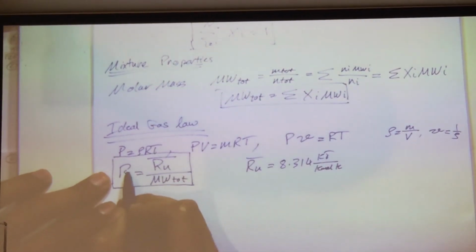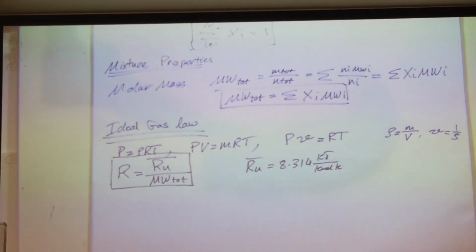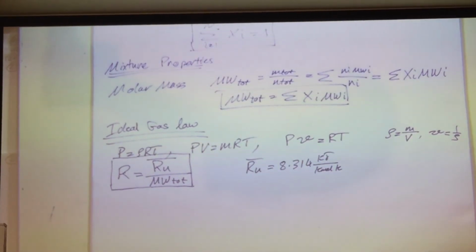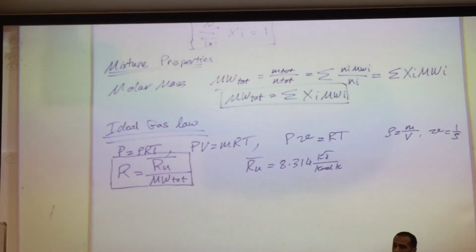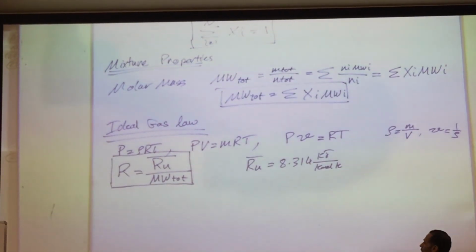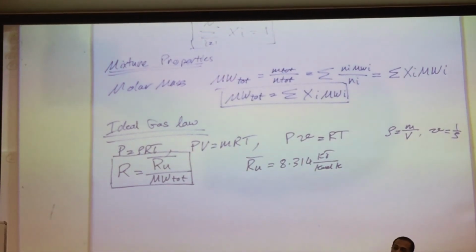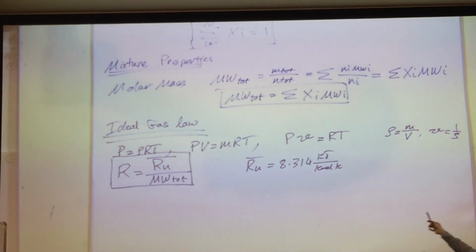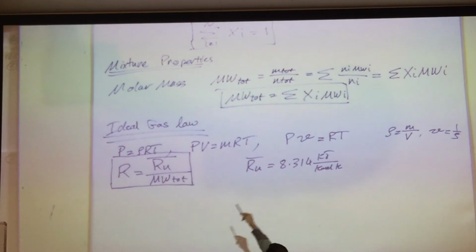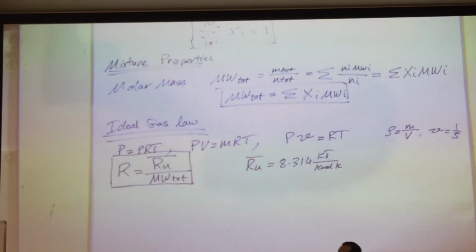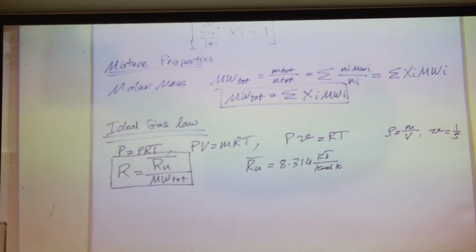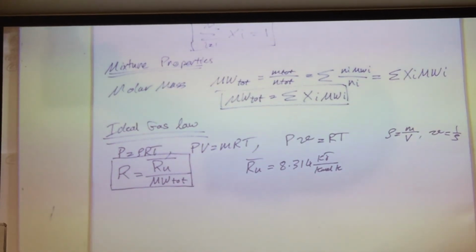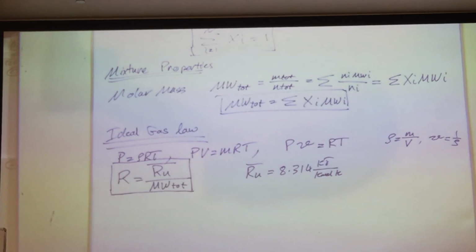But we have to remember that before, you pretty much took R, even in high-speed aero, as a constant, unless you took the Cp's and Cv's into consideration and recomputed it, but most likely you took R as a constant, in general. However, in this case, it is not constant, because as you mix different species, that changes. The universal gas constant is constant. You substitute it in there, and if you know the total molecular weight, or the molar mass, then you just divide by the molar mass, and you get the R for the mixture that you have to deal with, whether it's air with fuel in this case, or so forth.